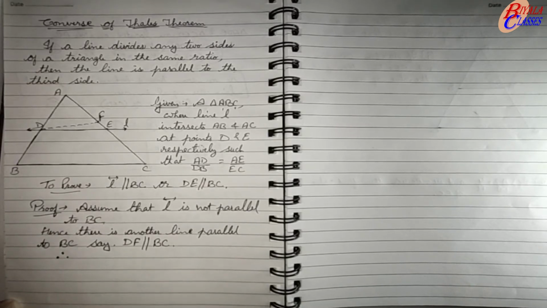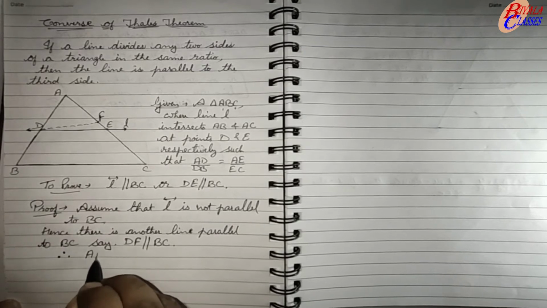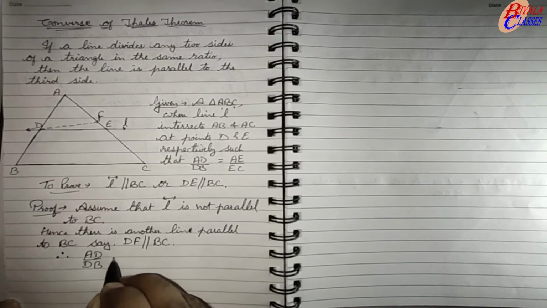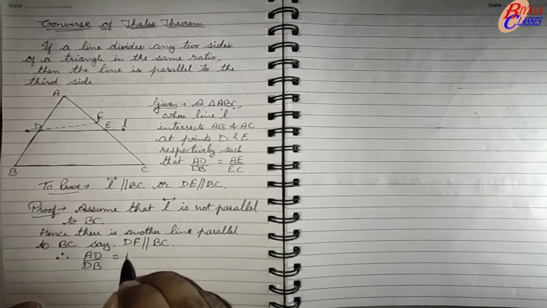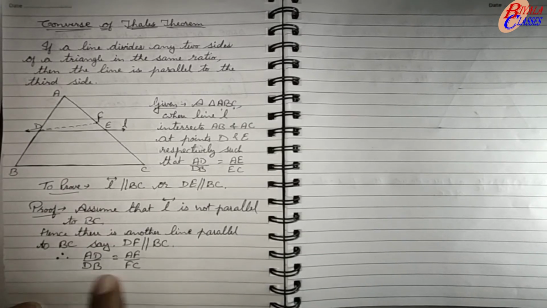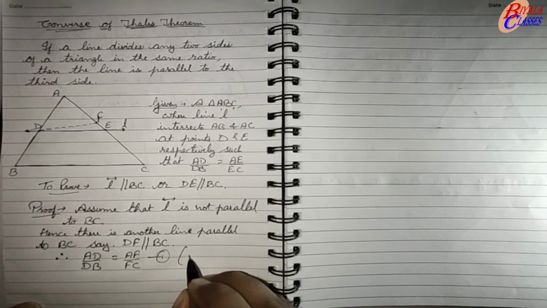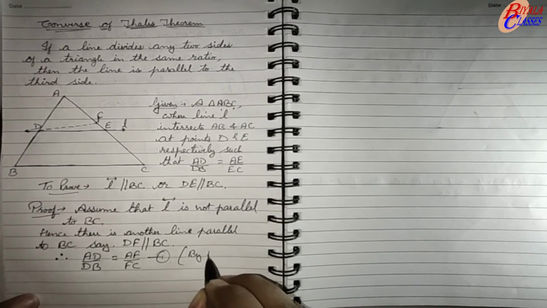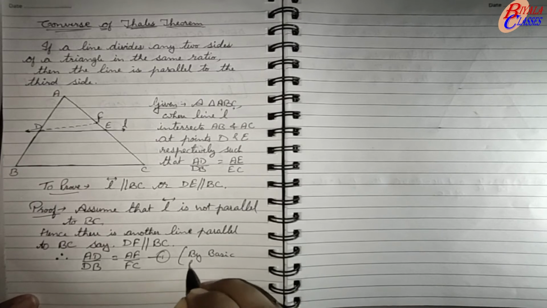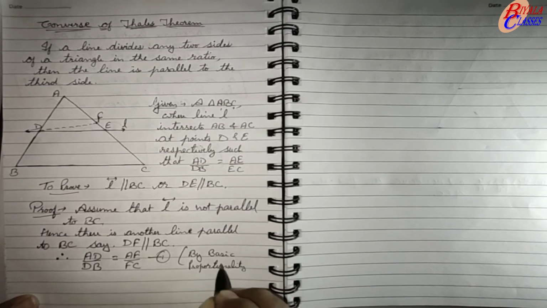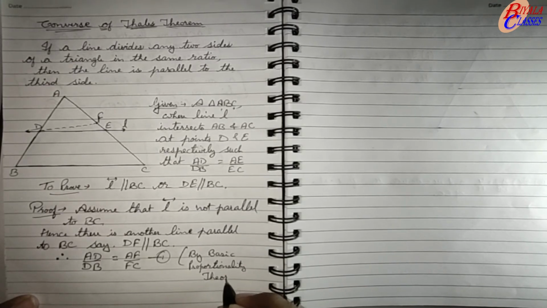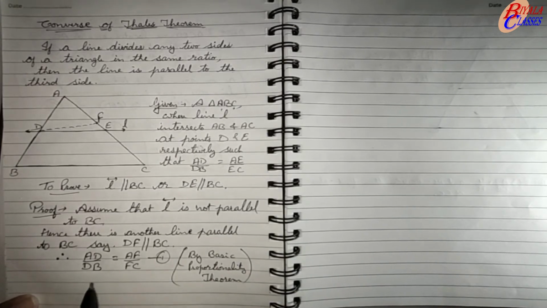Now if DF is parallel to BC, then using the basic proportionality theorem, what do we have? We have that AD upon DB is equal to AF upon FC. This is by the basic proportionality theorem. So we have this one result here which says that AD upon DB is equal to AF upon FC.